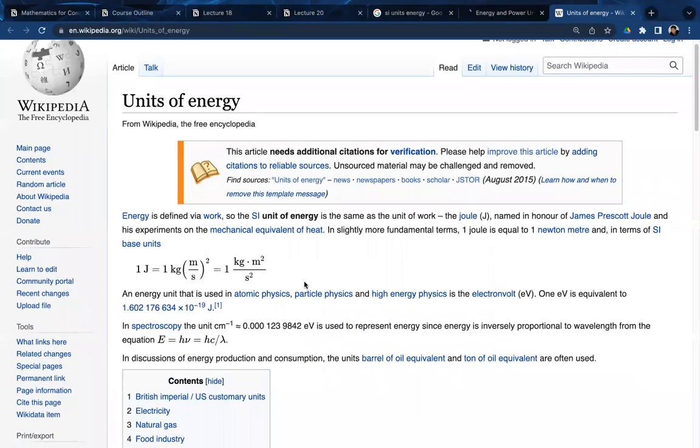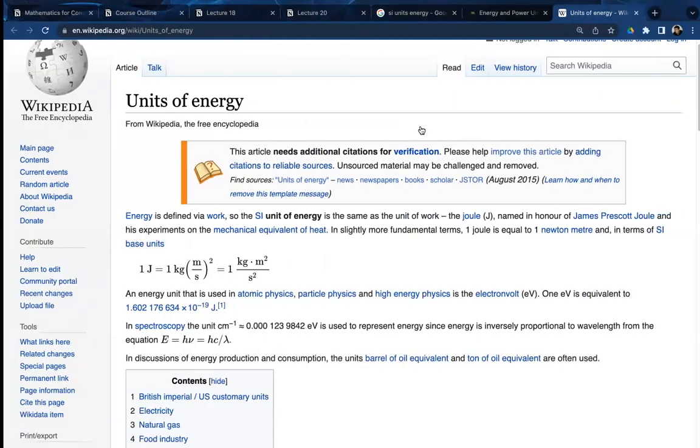Energy is defined as work, the joule. What is 1 joule? It is kilogram meters squared per second squared. So this is where your knowledge of indices comes in. For the dimensions of energy, you have to convert these units to their dimensions.